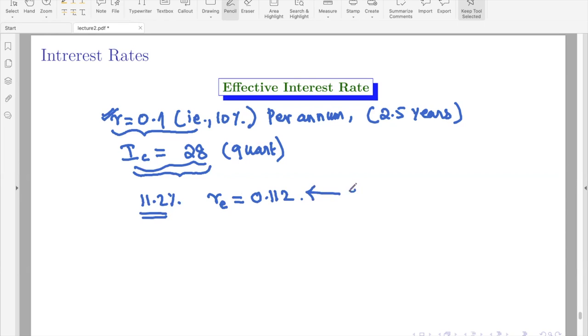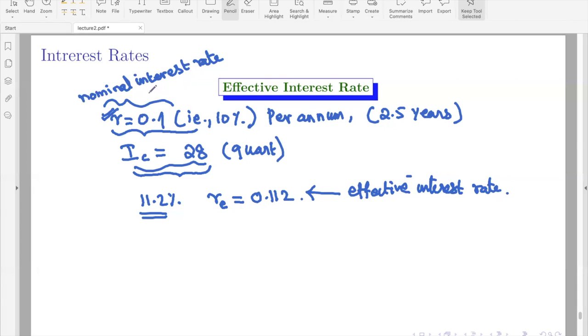This is called effective interest rate. This basic interest rate, which in our example is 10%, is generally called the nominal interest rate or simply interest rate. We often refer to it as interest rate.